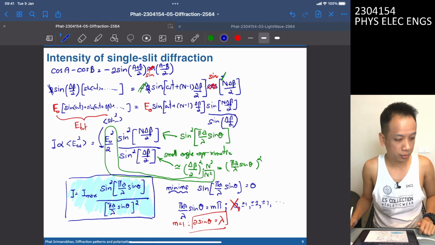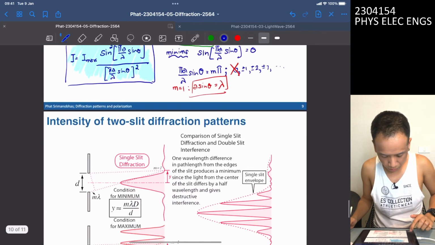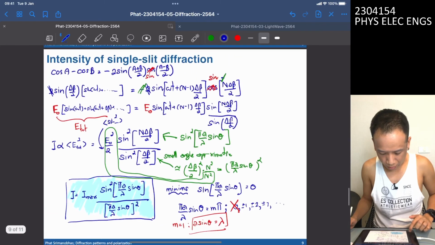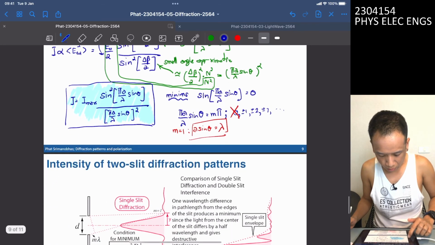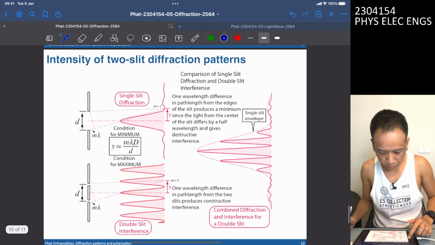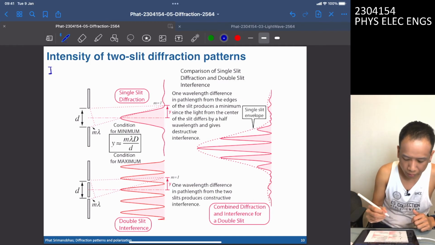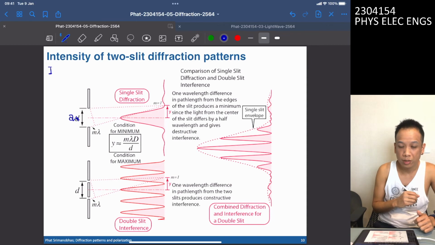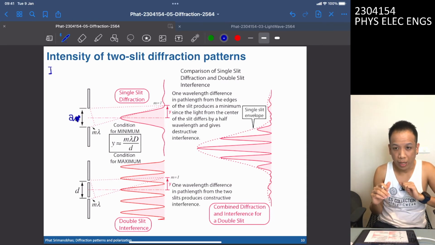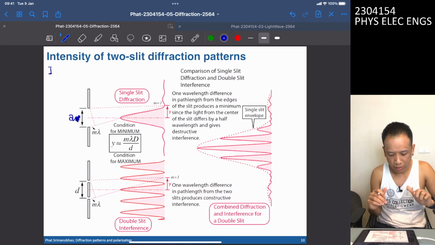Great. So now you have the intensity of the single slit. What you should do now is combine it with the interference pattern. For the double slit situation, I just change the slit width to a, so it's the same as the formula we are using, and the distance between slits is d.